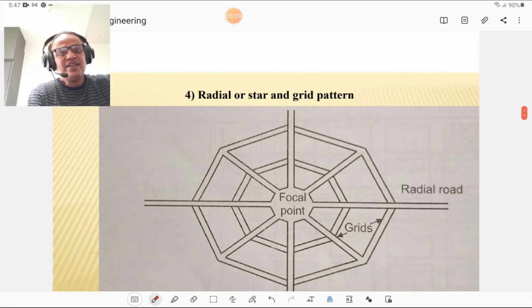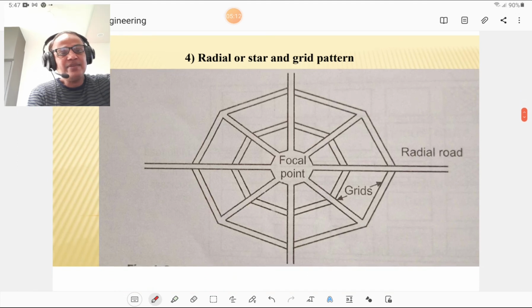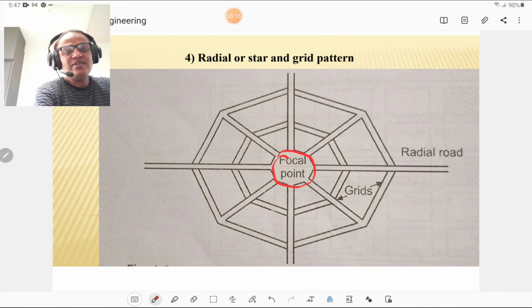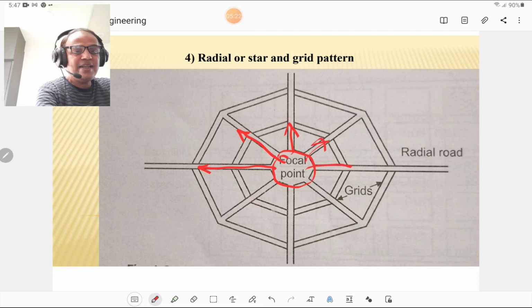The next pattern is the radial or star and grid pattern. There is also one focal point centrally, and the roads radiate from the center. These are the roads radiating from the center, and instead of a ring road, a grid is formed around that focal point.